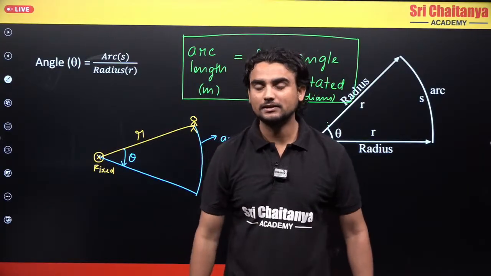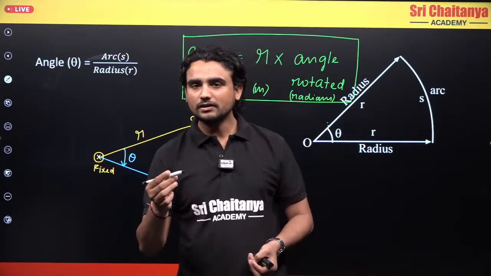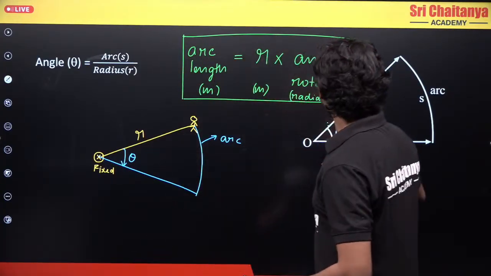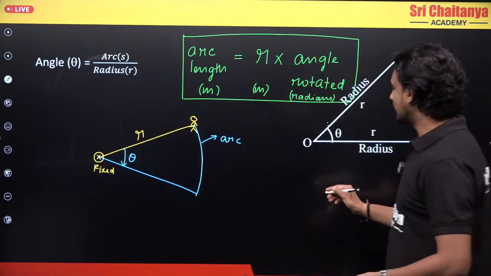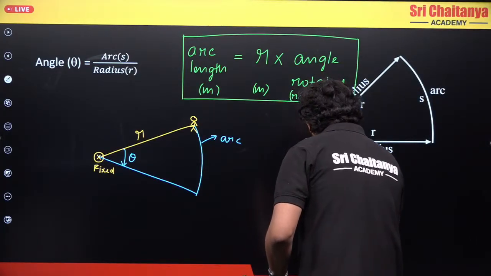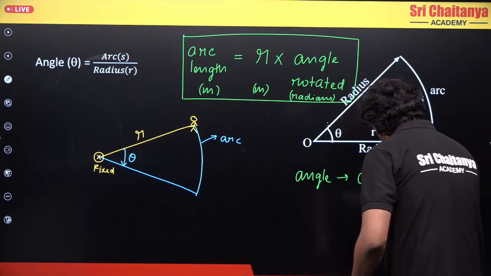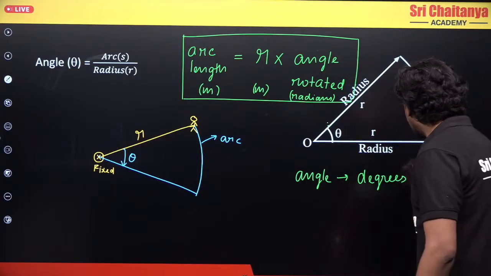But the most appropriate unit is centimeters. Similarly, the angle can be measured in degrees, and we can also measure it in radians.